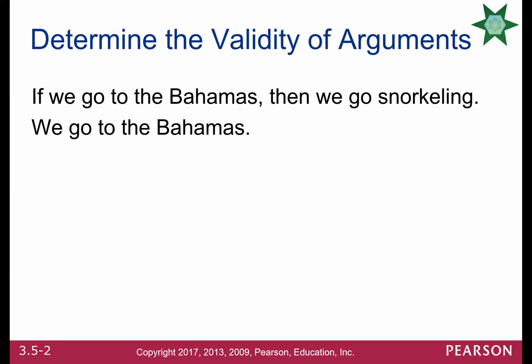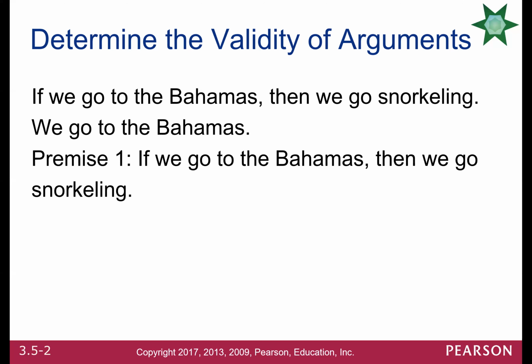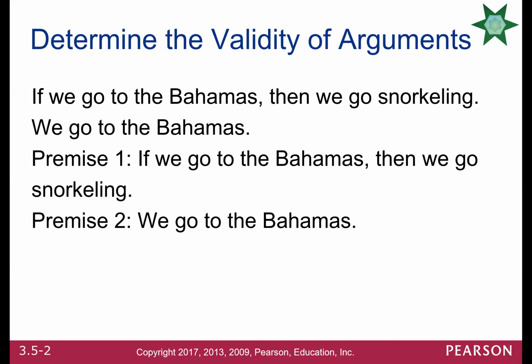So what would the conclusion be? Well, the first premise is, if we go to the Bahamas, then we go snorkeling. The second premise is that we go to the Bahamas.